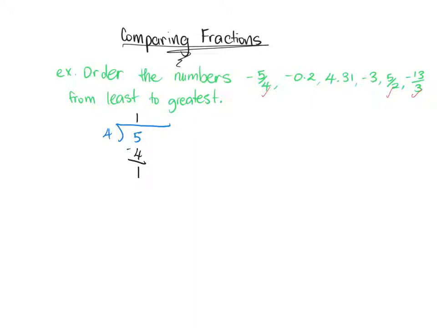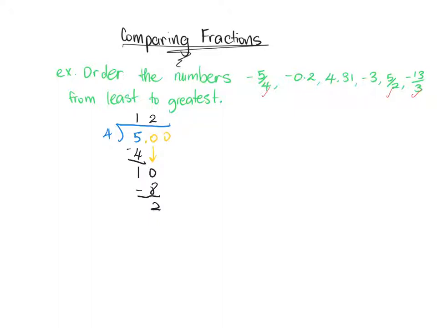All right, but we're going to extend that number because we want the actual decimal, and we're going to bring that 0 down. And now we have to ask ourselves, how many times does 4 go into 10? 4 goes into 10 twice, but there is a remainder. To figure out what that remainder is, we do 4 times 2, and we get 8, and the remainder is 2. All right, so we're going to keep extending that number.